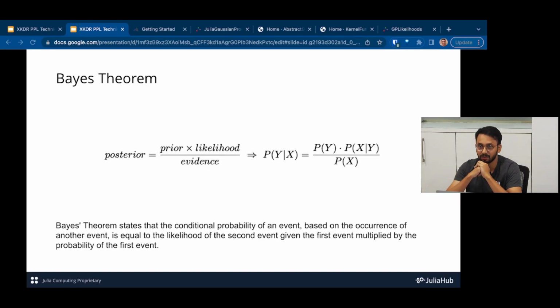So the most important theorem when it comes to probabilistic programming or Bayesian ML in general is the Bayes theorem, which essentially states that given a previously held worldview, which is a prior distribution, and you have some data which is encompassed using a likelihood, you should be able to compute something called a posterior distribution.